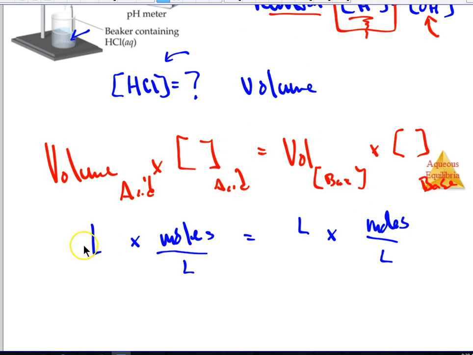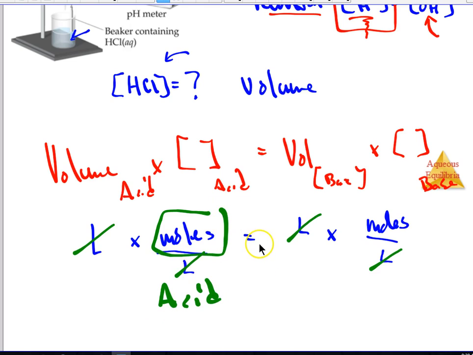Mathematically, the liters cancel out, right? And if you look, it's just super genius. At neutral, the moles of acid cancel out to equal the moles of base, which is the definition of neutral.